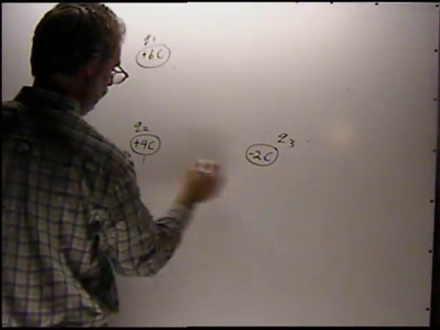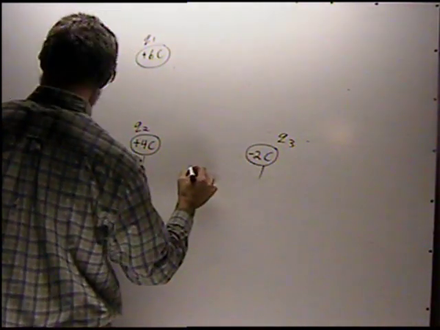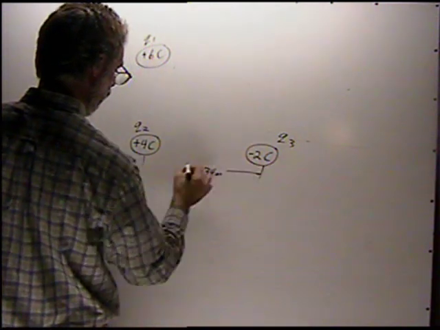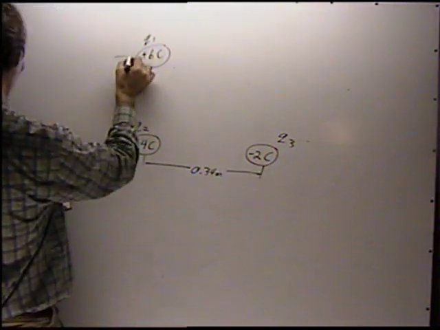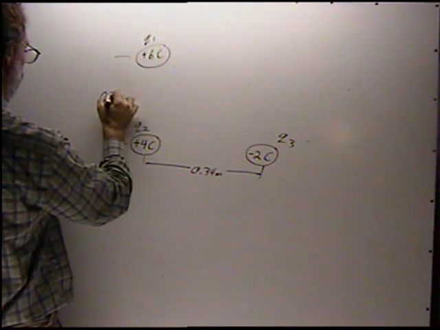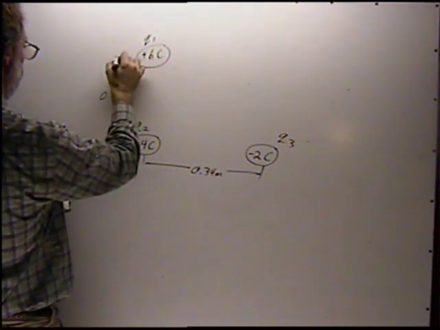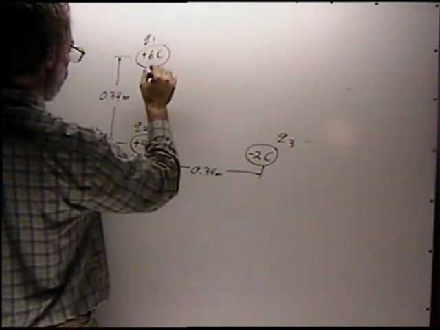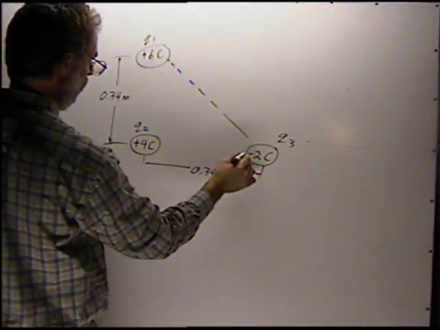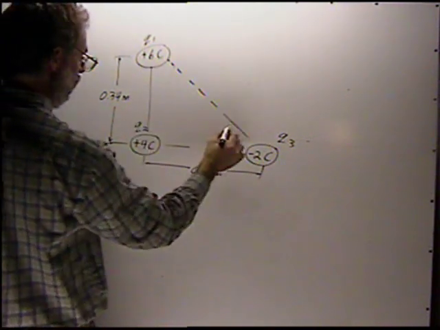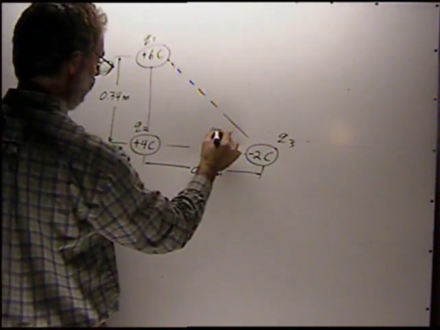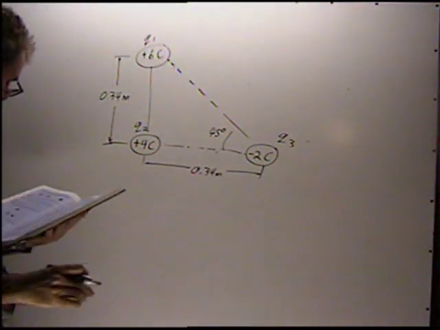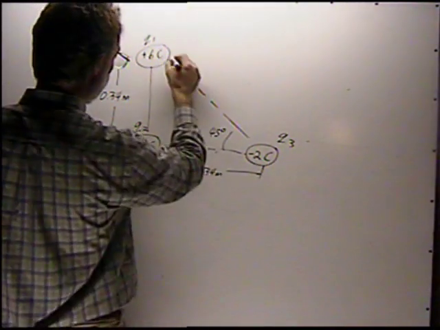The distance from here to here is 0.34 meters. Distance from here to here is 0.34 meters. And this angle here is a 45-degree angle.